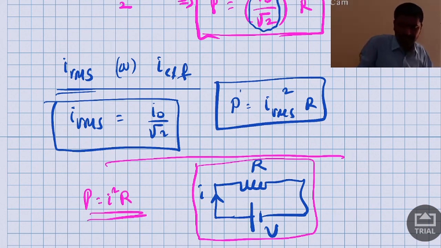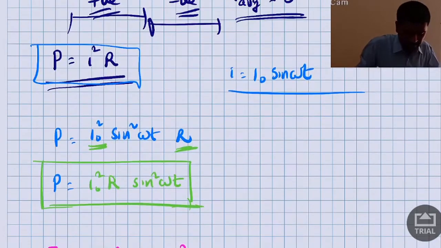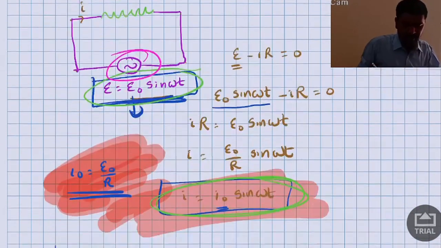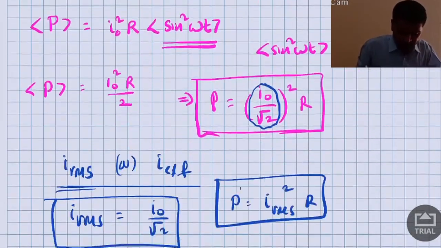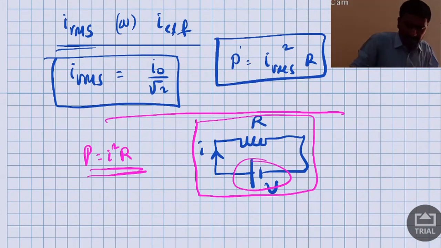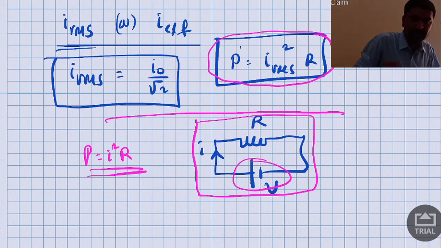But instead of direct voltage, if I have an alternating voltage, that also establishes alternating current in the circuit, and the power dissipation will now be P equals I RMS square times R. So in the case of direct current, that I is equivalent to I RMS in the case of your alternating current.